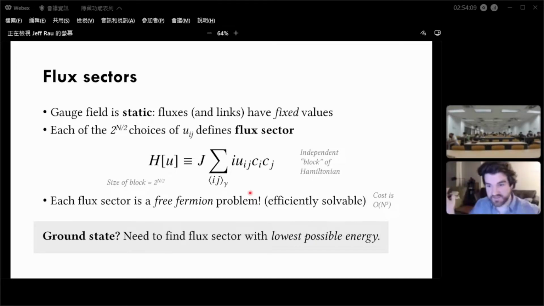It's diagonalizing an n by n matrix if we have n sites. And so that's not an exponentially hard problem. It's efficiently solvable. So if we want to solve the full model, we have to look at each sector, each choice of these u_ij's, and find the one that has the lowest energy. Which pattern of the Z2 gauge field will give free fermions with the lowest possible ground state energy?